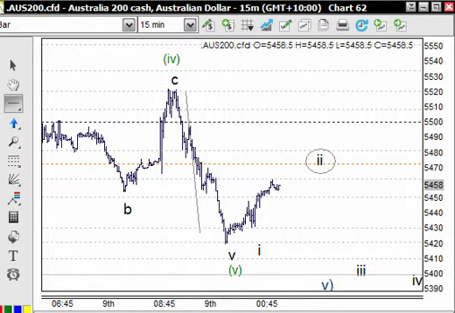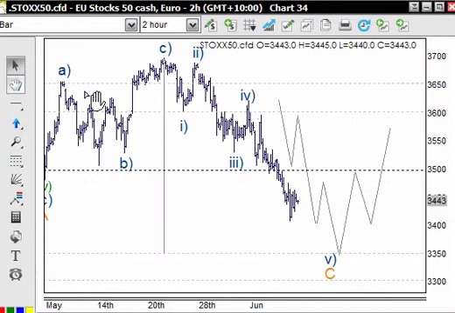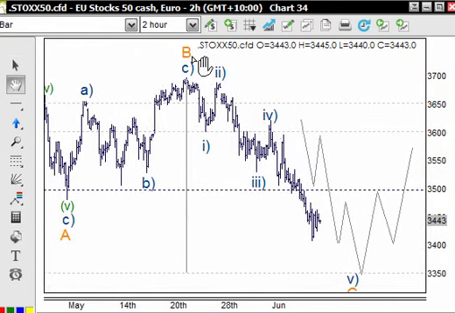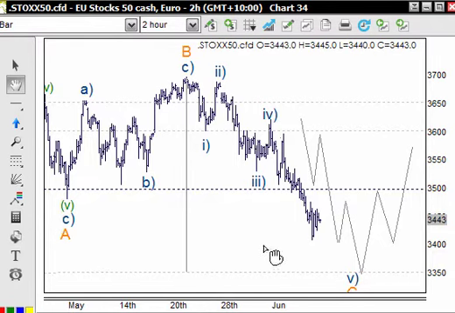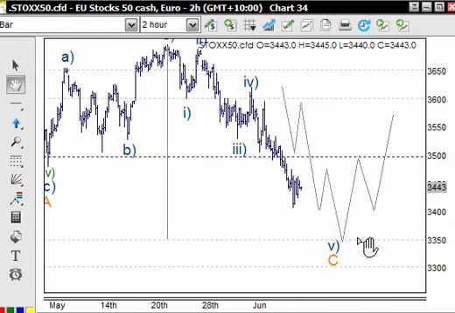Now, when we look at the European markets, let's just start with the Stoxx 50 here. First of all, from wave B here, we're looking down for wave C. The length of this little move here is the length of wave A, because there's normally an equality relationship between wave A and wave C, and that would be at 33.50 there.